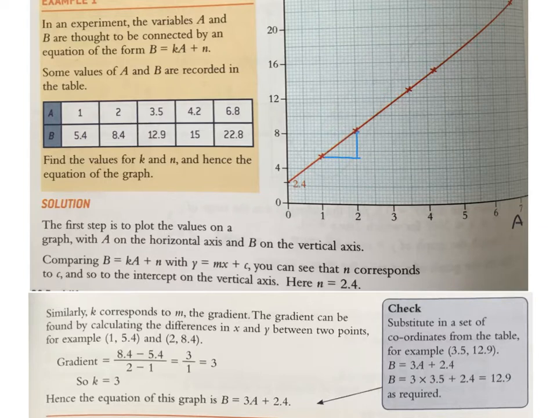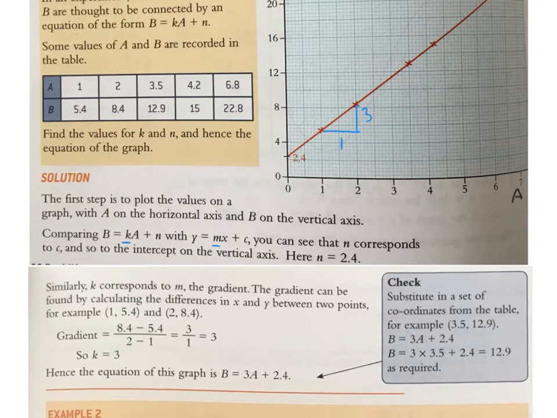So the run would be from 1 to 2, which is 1, and the rise is from 5.4 to 8.4, which is where the 3 came from. So 3 divided by 1 gives you 3 for the gradient. And we said that the gradient m is actually k. So k is equal to 3. So hence, the equation of this graph is b equals 3a plus 2.4.